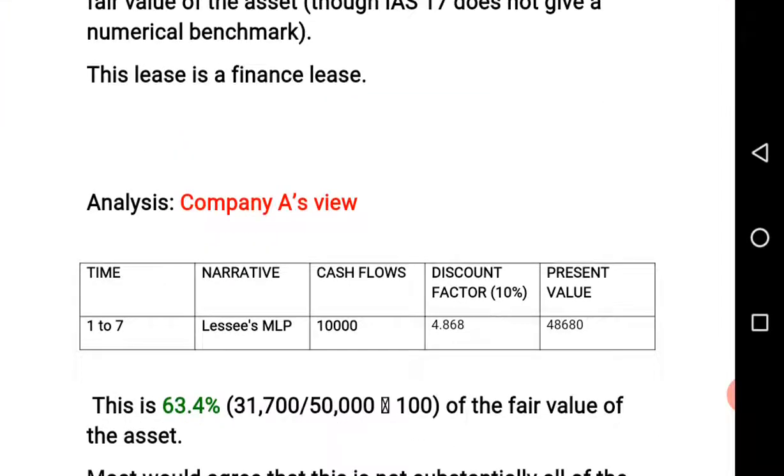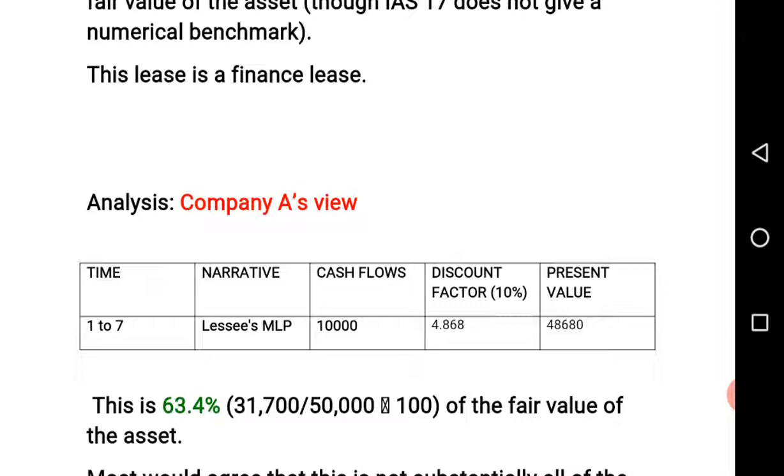So the time frame is supposed to be year 1 to year 4. And the minimum lease payment, that's company A's minimum lease payment, is 10,000. The discount factor is supposed to be the cumulative discount factor for 4 years, which should be, I guess, 3.17. Then the present value will give us 31,700 instead of 48,680.